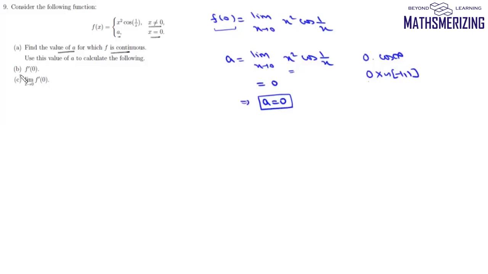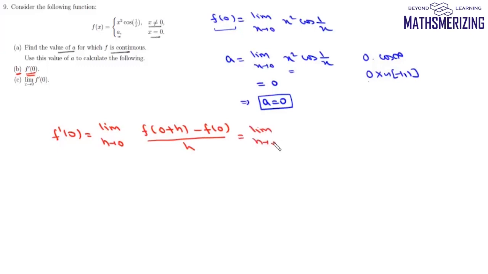Now we'll come to its second part. We need to find its f dash 0. So we know that f dash 0 will be equal to the limit h tends to 0 of f(0 plus h) minus f(0) upon h. So we can write this as limit h tends to 0.